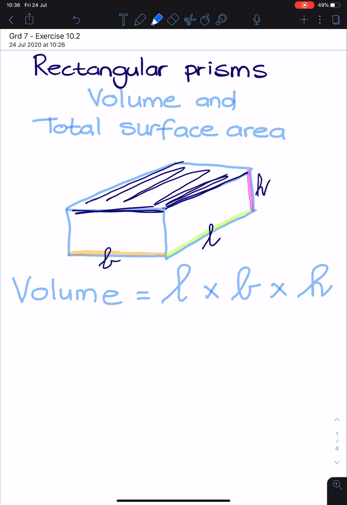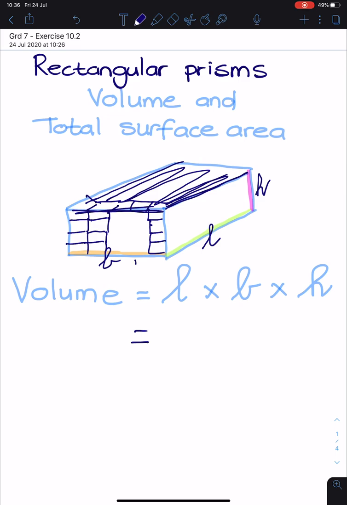Now what we are doing when we work out volume is finding out how many little cubes are in the box. How many little cubes are fitting into this box? So let's fill in the amounts.